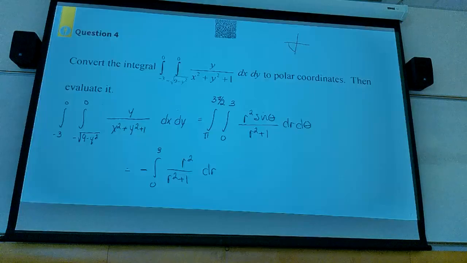With rational functions, yes, something about the numerator has to be smaller than something about the denominator. But what is that value? What is that something? Remember what it means to be a rational function. Polynomial over polynomial.